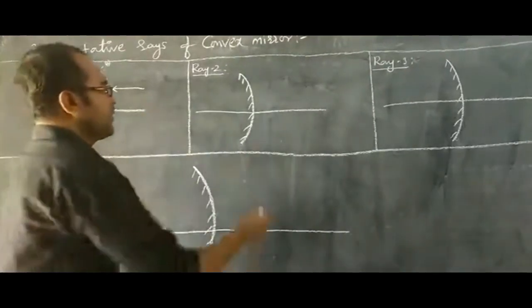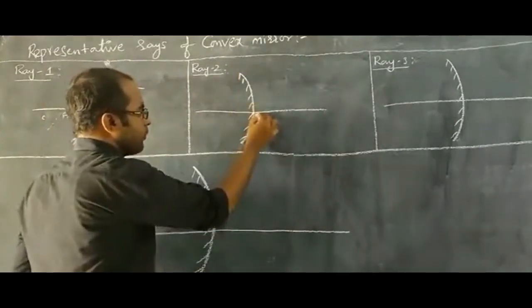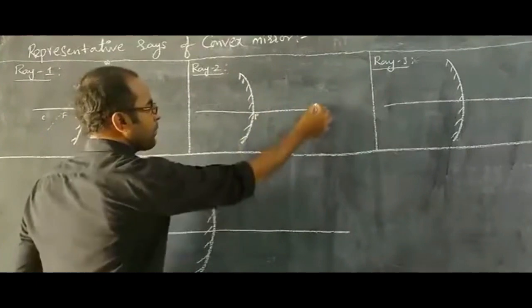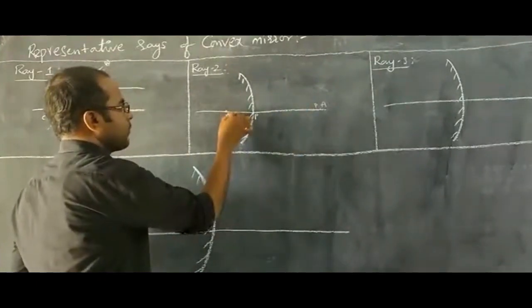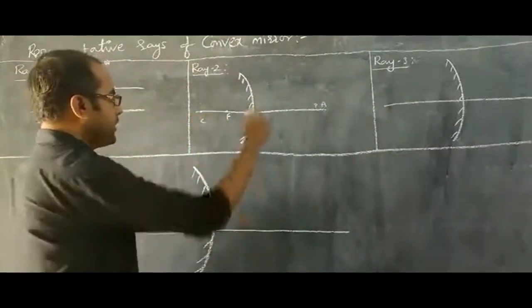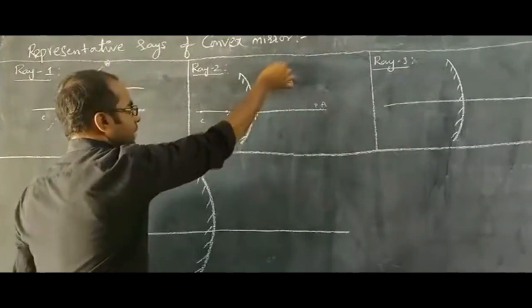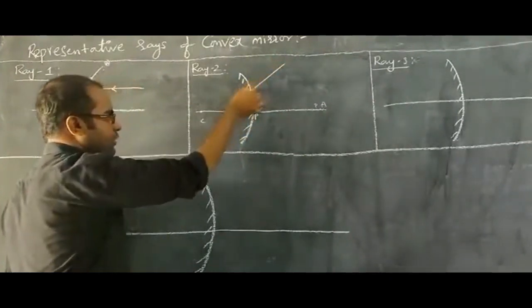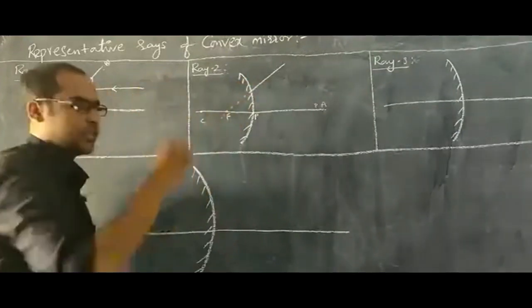Let us take the convex mirror, pole, principal axis, focus, center of curvature. A ray which is appearing to pass through the focus.